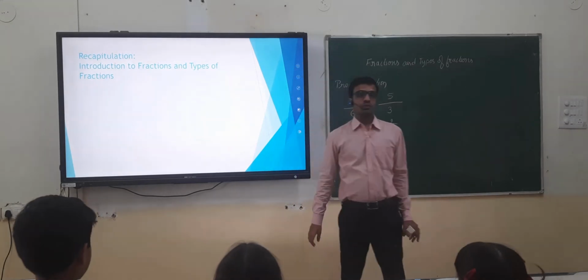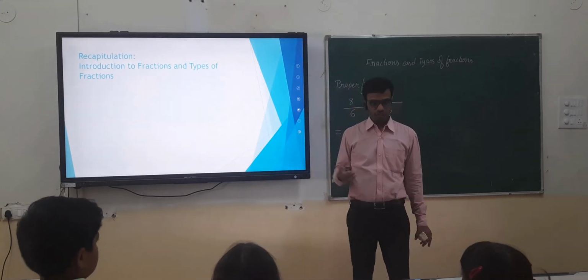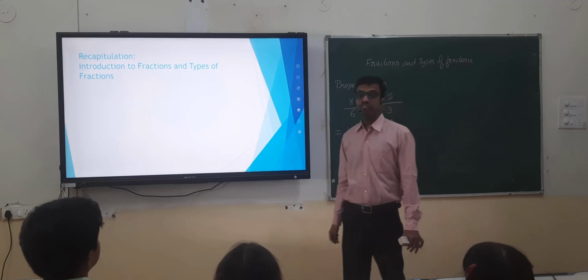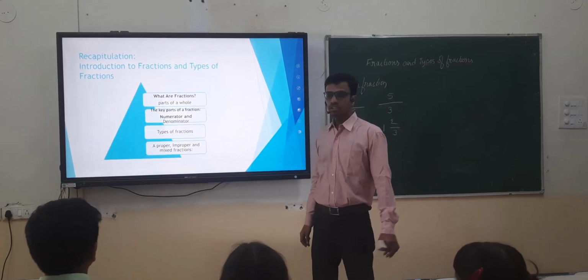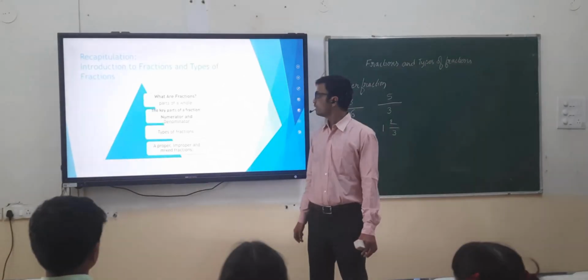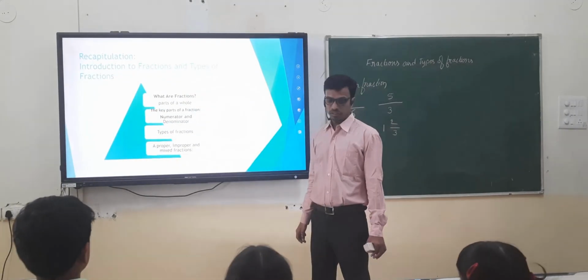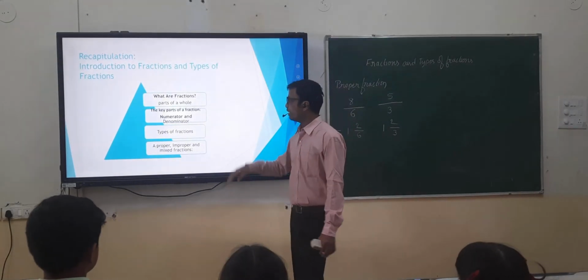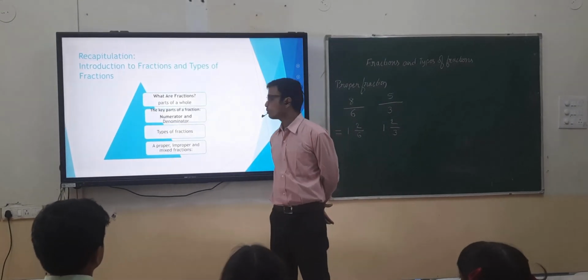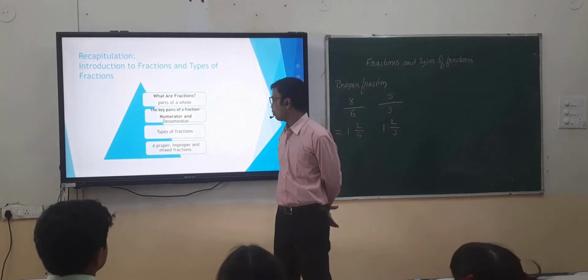So we'll do a quick recapitulation. What are the things we have learned so far? First, just look at this. We learned about what fractions are. Before that we learned about key factors called what? Numerator, denominator.